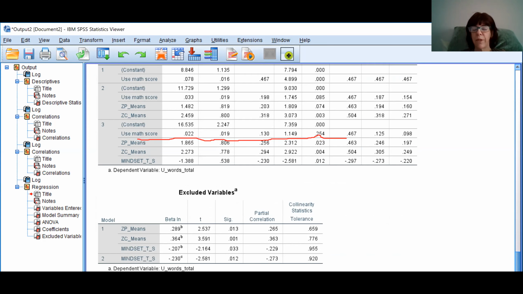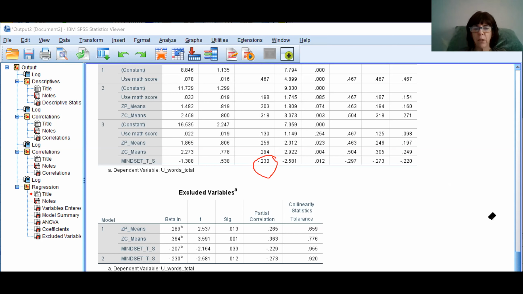So this term can be interpreted as: given what we know about their math knowledge and skills, the other variables in this model, mindset accounts for a significant amount of unique variance.